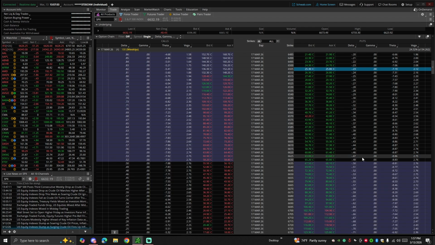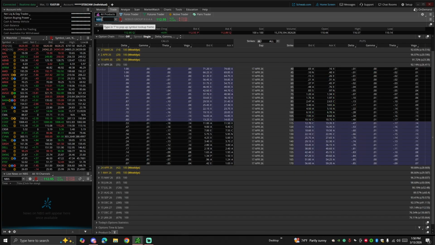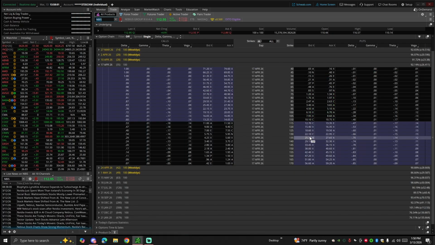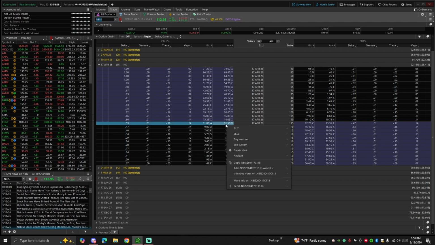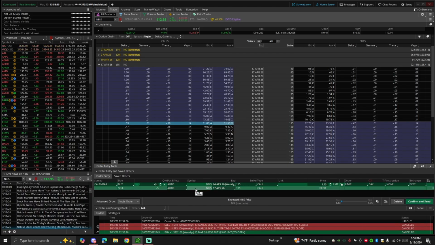But that's iron condors. And then calendar spreads, if I go back to NBIS for an example, I think NBIS will be 115 a month from now. Calendars can't have identical components.